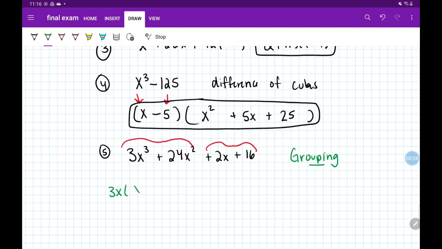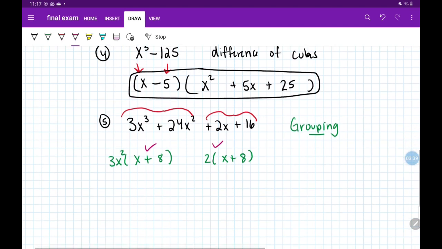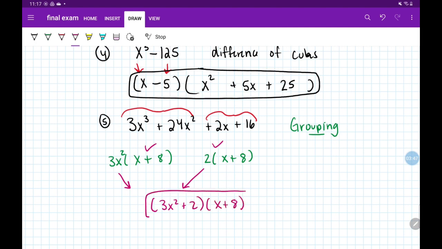Take a 3x squared out, and you have x plus 8. And then the other 2, the GCF is 2, x plus 8. The parentheses match. 3x squared plus 2, x plus 8. It's the grouping method. And then number 7.